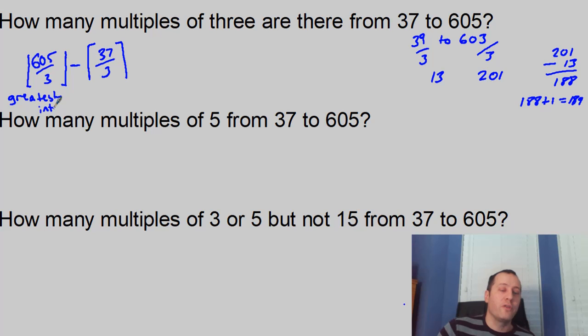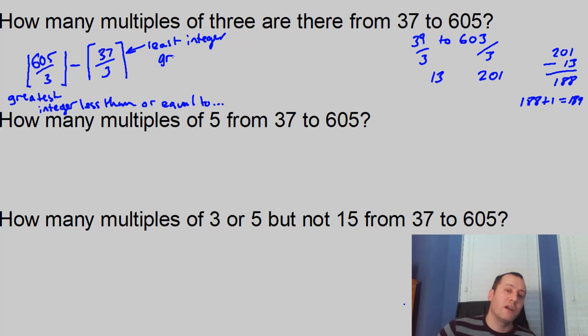It's called a floor function also. It's called the greatest integer function, the integer function, the floor function, or step function. These are both step functions. This one's the least integer greater than or equal to. Same idea, opposite direction.